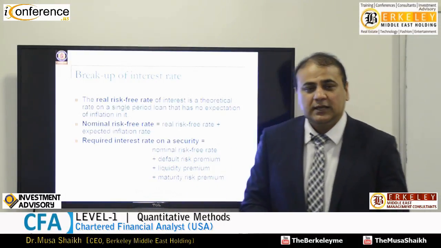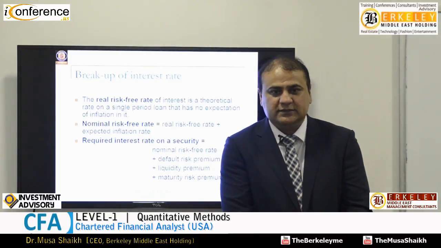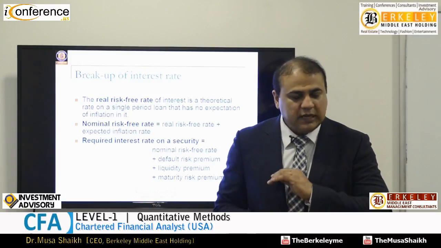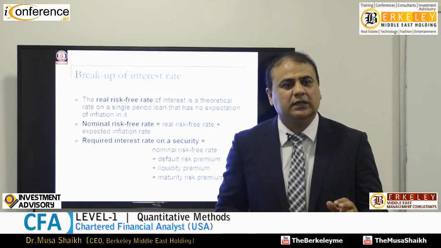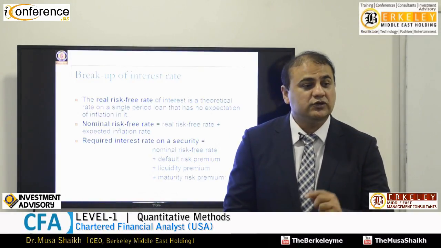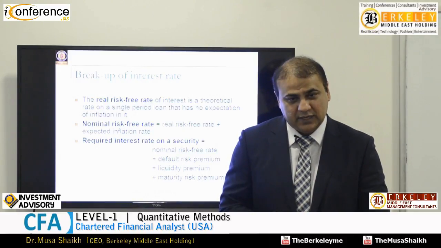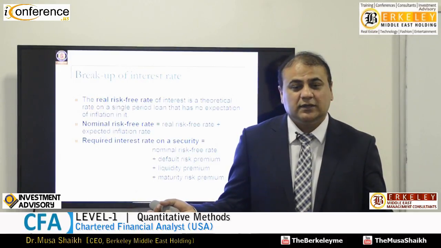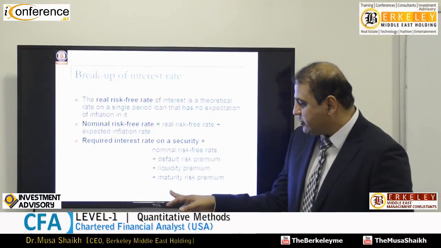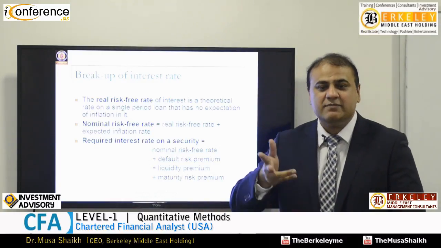Maturity risk means if you invest for 5 years, your money is at risk for 5 years, even with a bank or regulated institutions. You have to wait 5 years to get your principal money back and what they agreed with you, and you don't know what the situation will be after 5 years. So when you wait for a product to mature, you get a maturity risk premium.